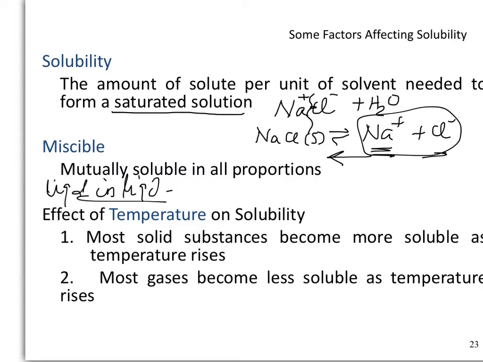On the other hand, if you store it in the refrigerator, the soda pop will remain, it will have that zing to it for an extended period of time. So realize that gases have a tendency to become less soluble as the temperature rises.